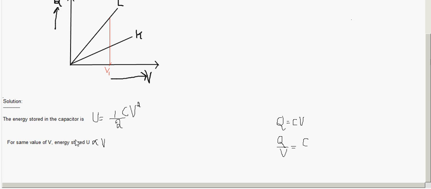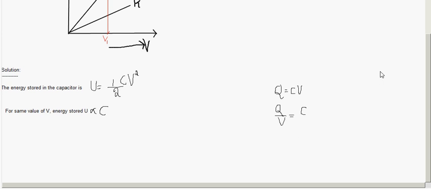That means the energy will be more. So U is proportional to C, I am sorry, I wrote V, but it is not V. For same value of V, energy stored U is proportional to C. So if C is higher, the energy stored is also higher.